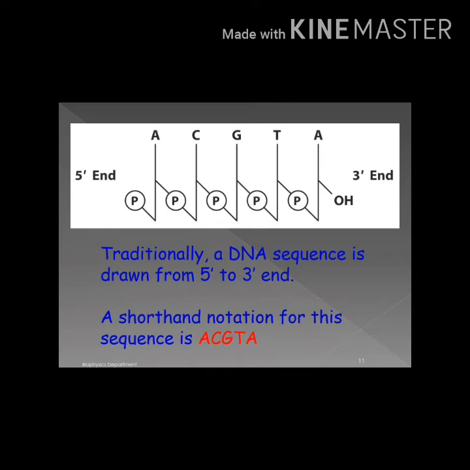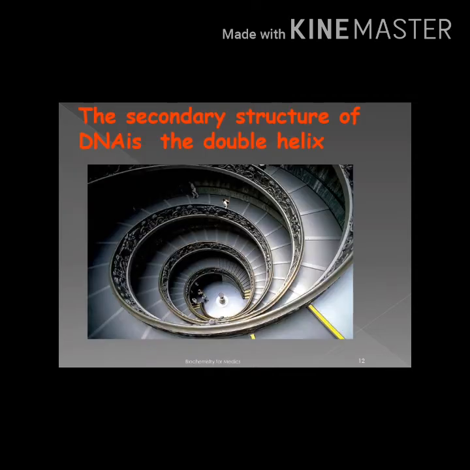So traditionally a DNA sequence is drawn, to know the polarity, by convention from 5 prime to 3 prime direction, or if you want to draw this sequence in shorthand form, then it becomes A C G T A. So the first A means 5 prime end, and the A after T is the 3 prime end.